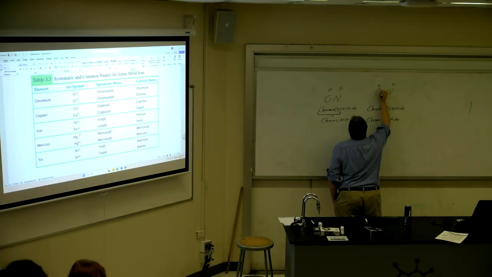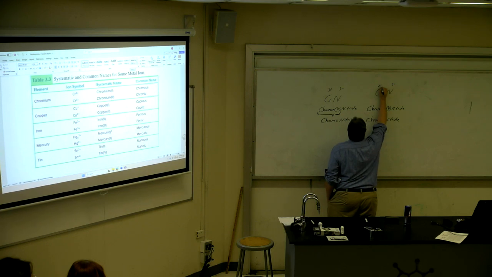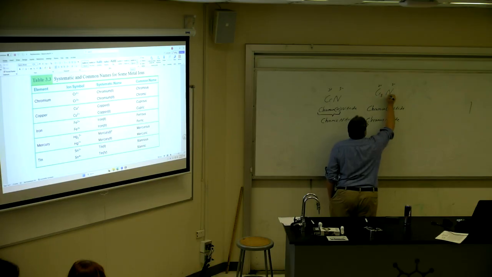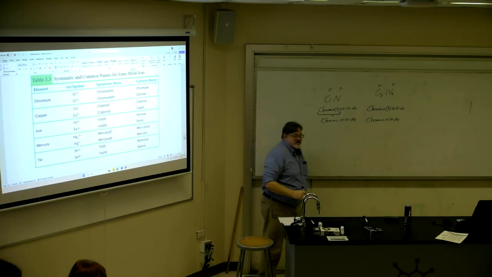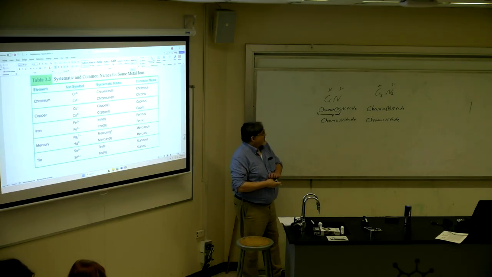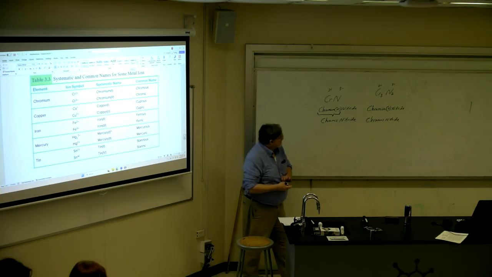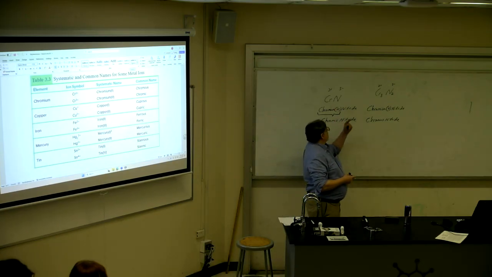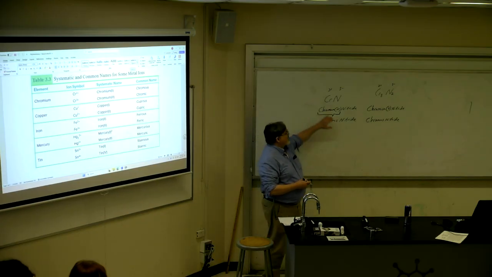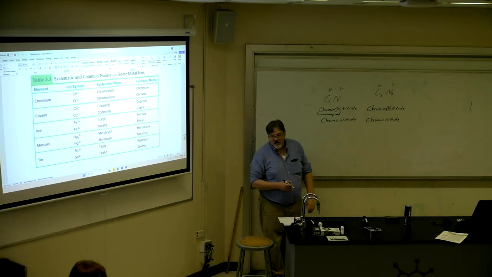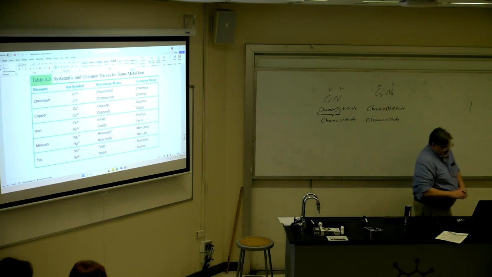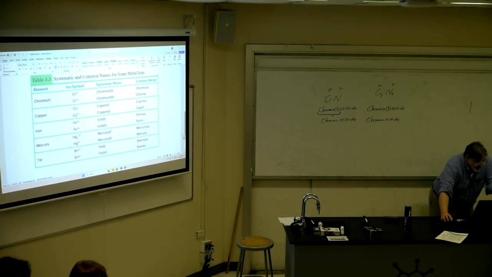So if you've got a charge here of 3 negative and a charge here of 2 plus, you're gonna need 3 of these and 2 of these to make it balanced. So the formulas look very different even though the names seem the same. Chromium-3 nitride versus chromium-2 nitride. And you can also call this chromic nitride, you can call this chromous nitride.